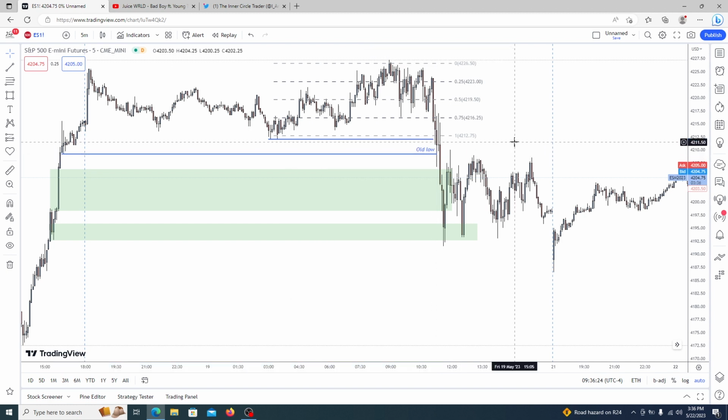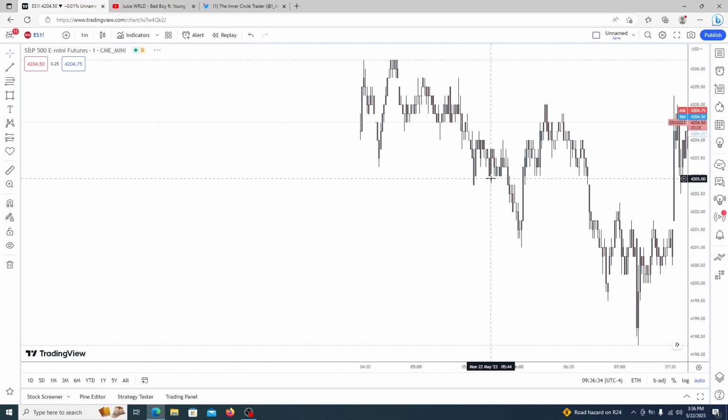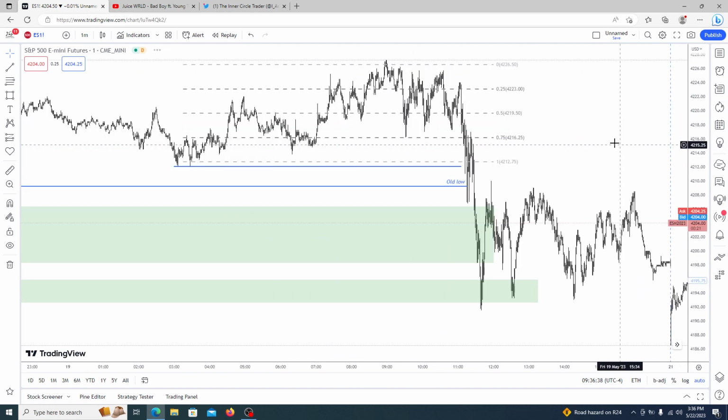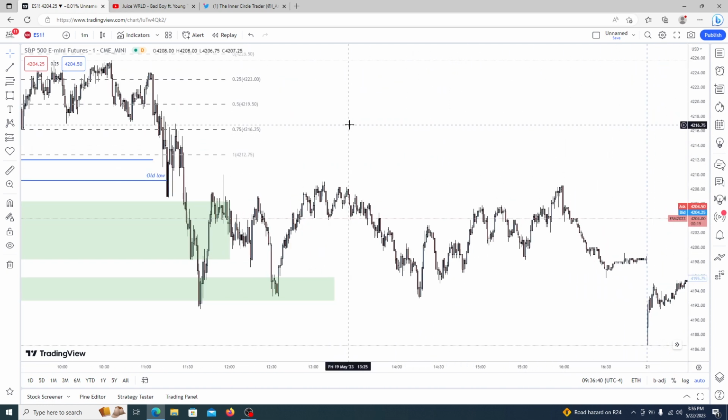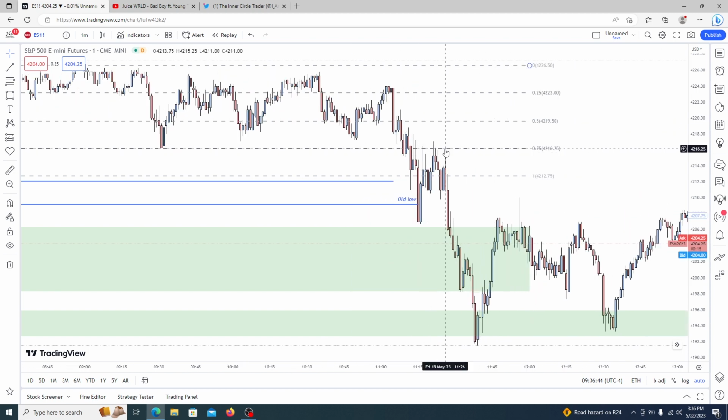So looking at these levels and then expecting price to trade back to these fair value gaps, taking this idea down into a 1 minute time frame. Let's look at the 1 minute. Okay, looking at a 1 minute chart now, we can see that price again did not really offer any rejection in this area.